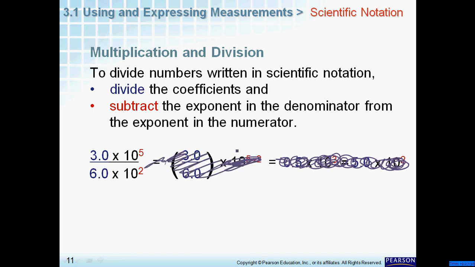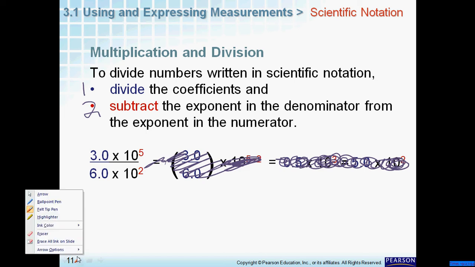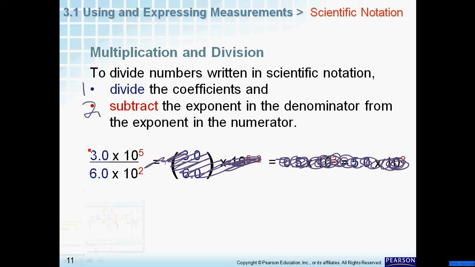In division, there are 2 different steps. Step number 1, we need to divide the coefficients. And step number 2, we will subtract the exponents. So here, if I want to divide my coefficients, I'm going to take 3.0 and divide it by 6.0.